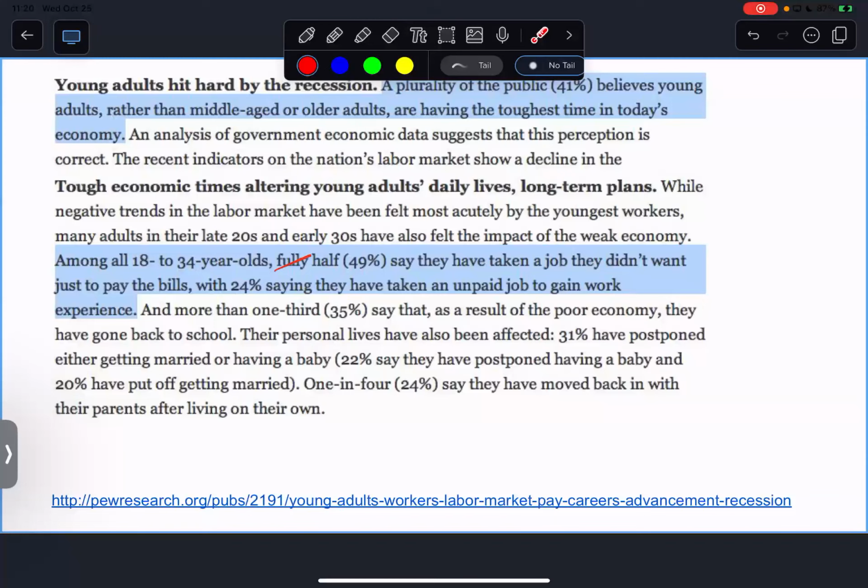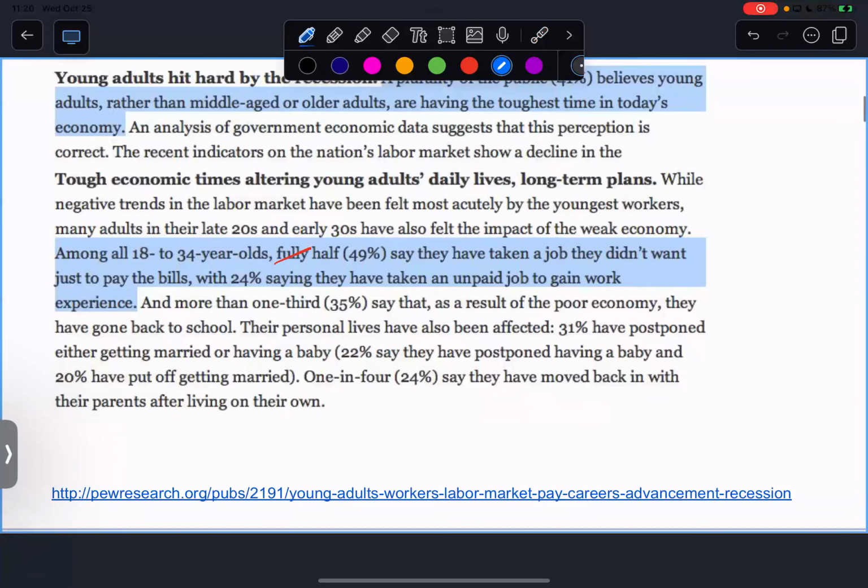But we've left that in the dust. What we are given here is the sample proportion, and I'll just write "bills" here to indicate which one I'm talking about. The proportion who've taken a job they didn't want just to pay the bills is 0.49. So now I have this sample proportion of 18 to 34-year-olds that have taken a job just to pay the bills.